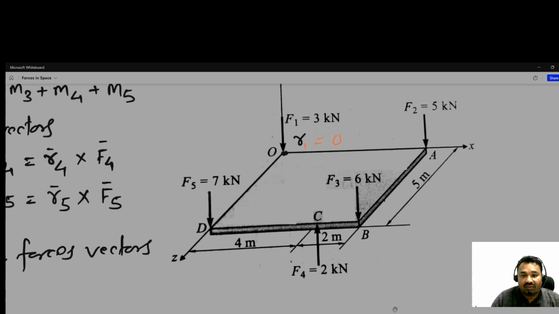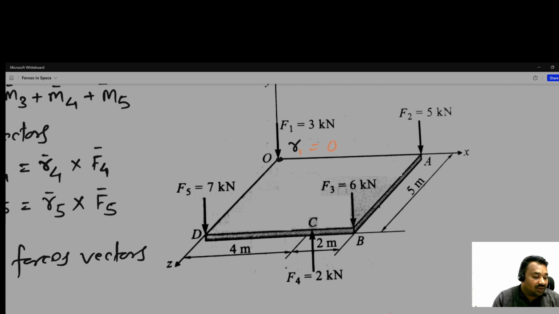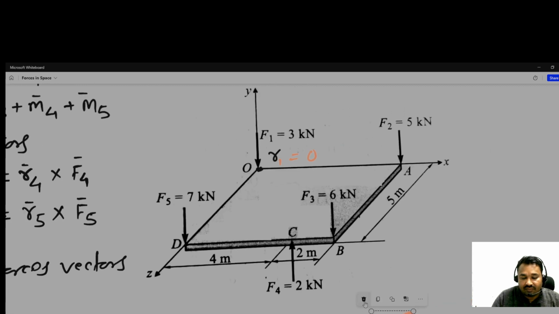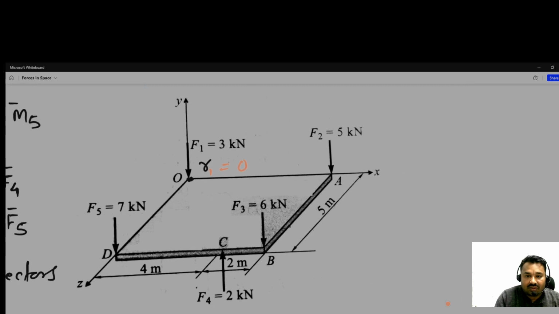And what about R2? R2 is equal to OA, from O to A. You can see the dimensions here, in parallel to this it is 4 plus 2.